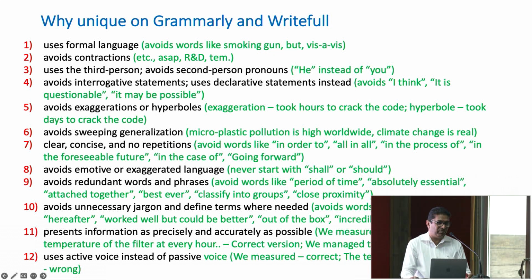Always use formal language. For example, I have given some examples, like smoking gun, but it's not a word for you to use in your preparation. And then vis-a-vis. These words are not allowed when you prepare your manuscripts. Likewise, there is a long list.